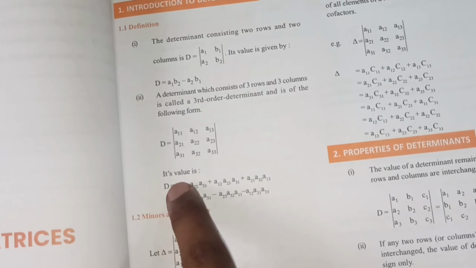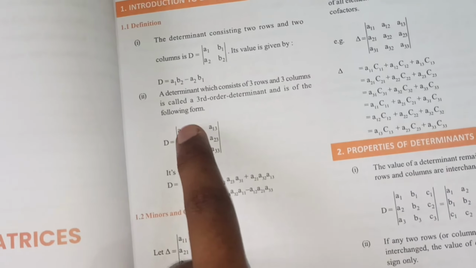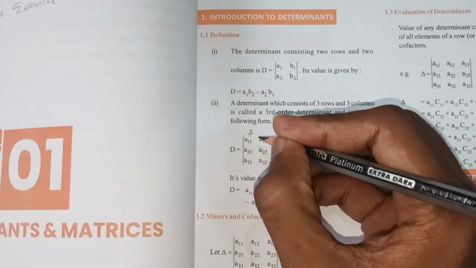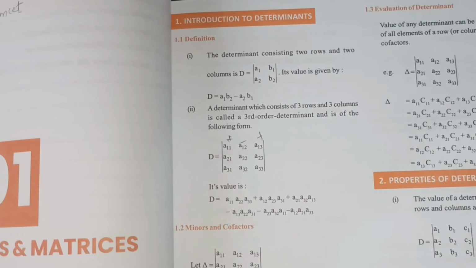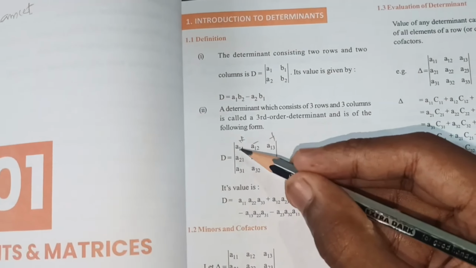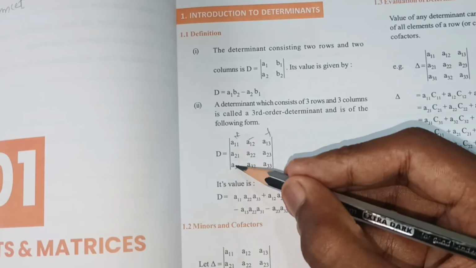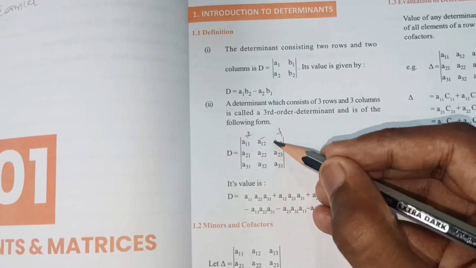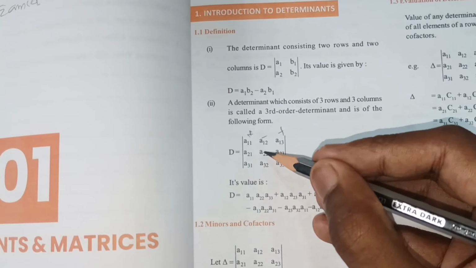So for its value, the first sign will be plus, then minus, then plus. A11 into (A22 A33 minus A32 A23). First, for A11, this row and this column are erased, and the remaining elements are multiplied crosswise.